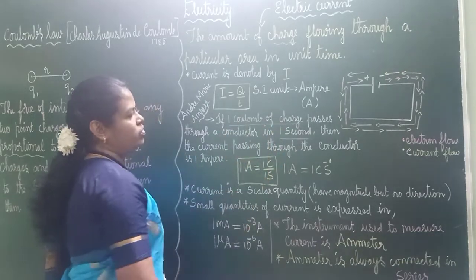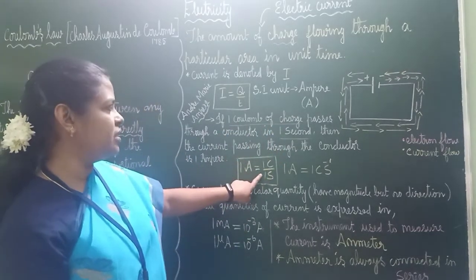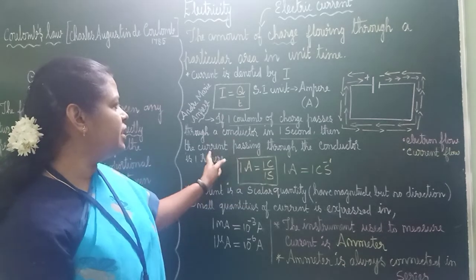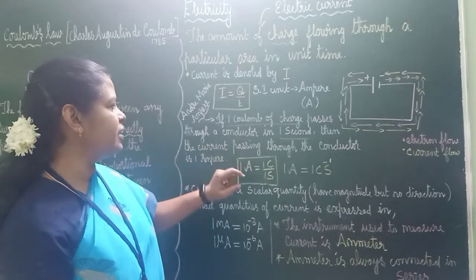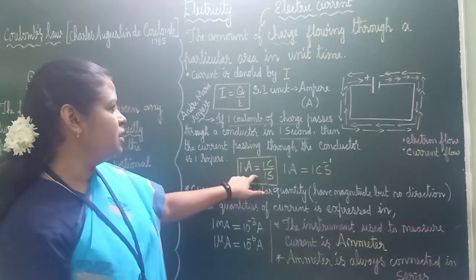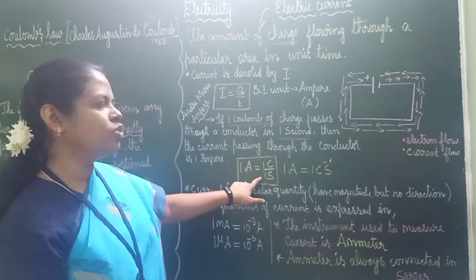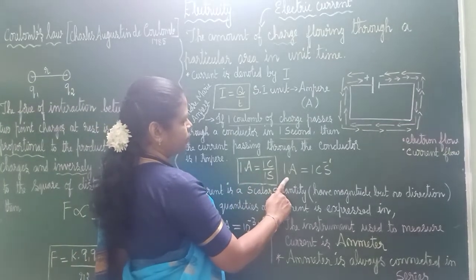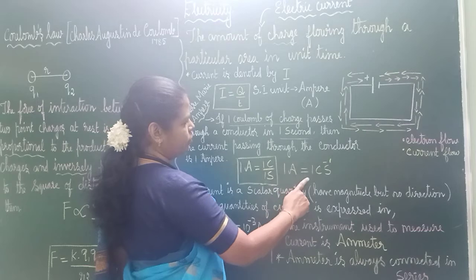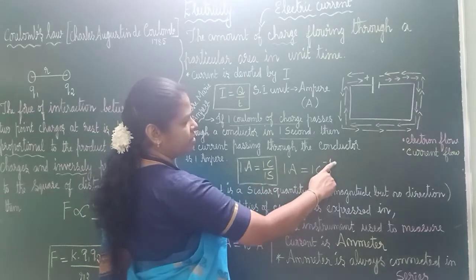Or you can directly write: 1 ampere is 1 coulomb of charge passing through a conductor in 1 second. Or it can also be written as 1 A is equal to 1 coulomb per second.